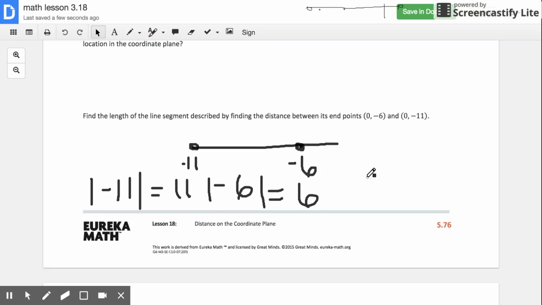What is the difference between those? So we would, in this case, subtract 11 minus 6 to give us a distance, or I'm sorry, the line segment has a length. We're counting the length. So the length of that segment is going to be 5 units. I'm going to put just a U, but we know it's 5 units.